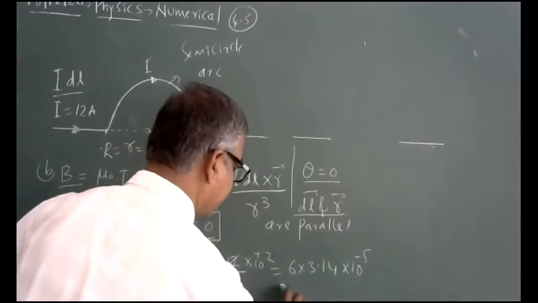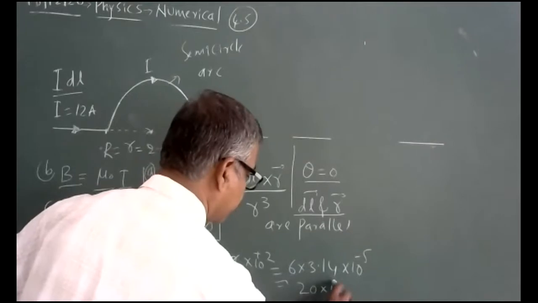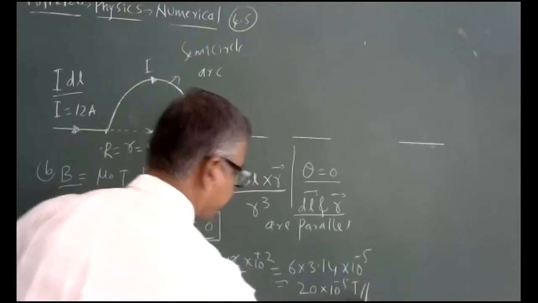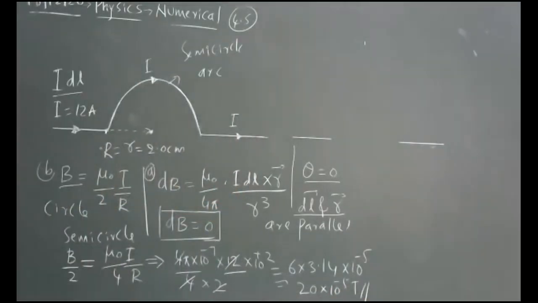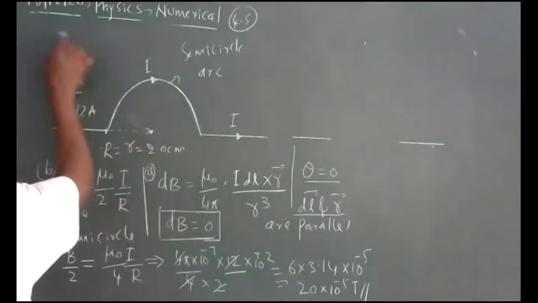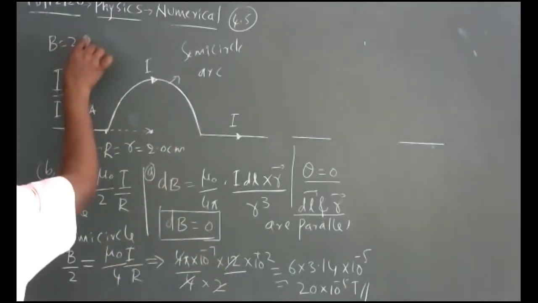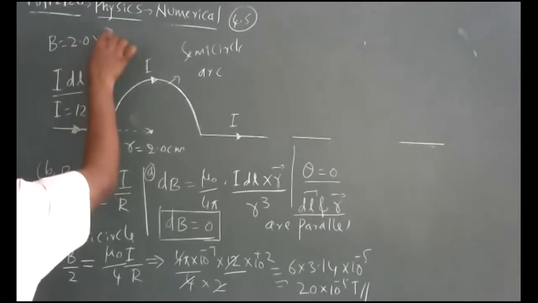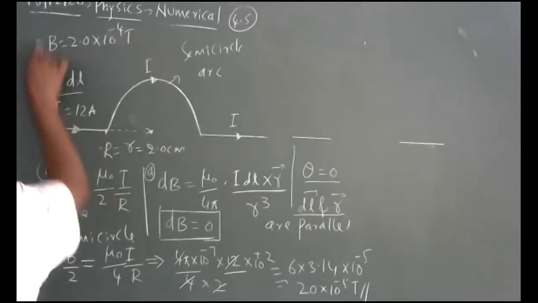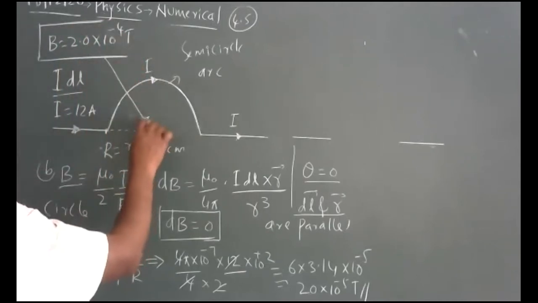And 6 3 ja 18, it is roughly close to 20. 20 into 10 raised to minus 5 Tesla. The magnetic field at the center is 2.0 10 raised to minus 4 Tesla. And this is the magnetic field at the center.